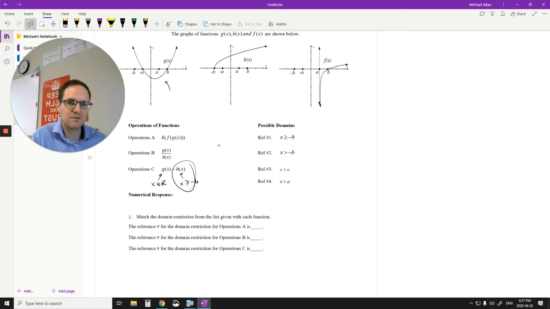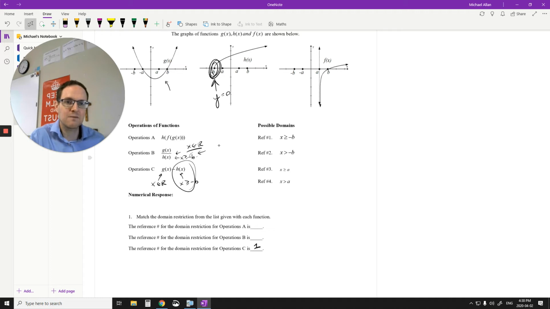So I'm going to say my reference for it. That is going to be 1. This one here, let's see, my g of x again, that's just going to be all real numbers. And the bottom graph here is this h of x again. Ooh. The bottom graph is x has to be greater than or equal to negative b, but it's on the bottom, so that's going to cause problems when the y value is 0.